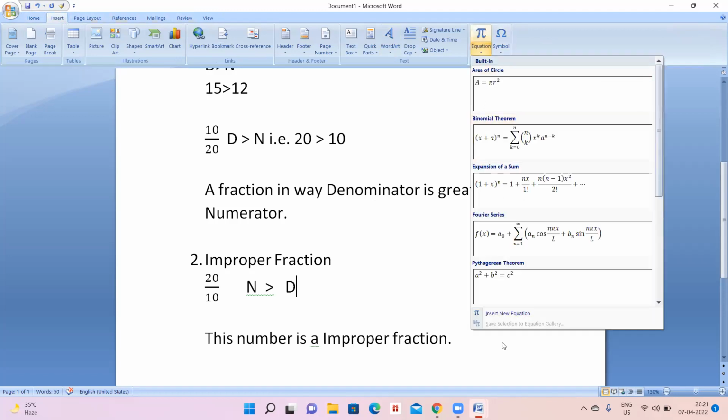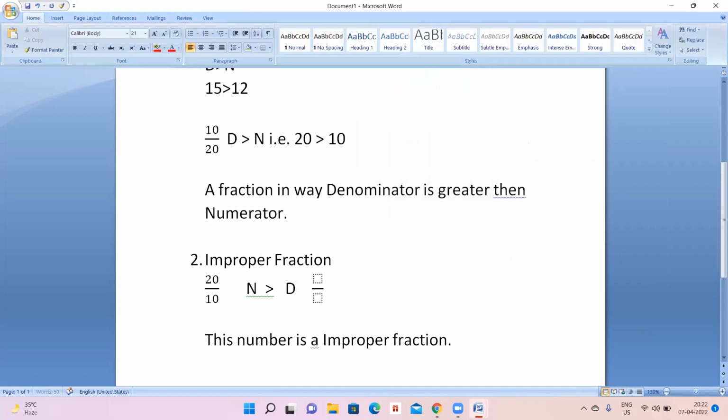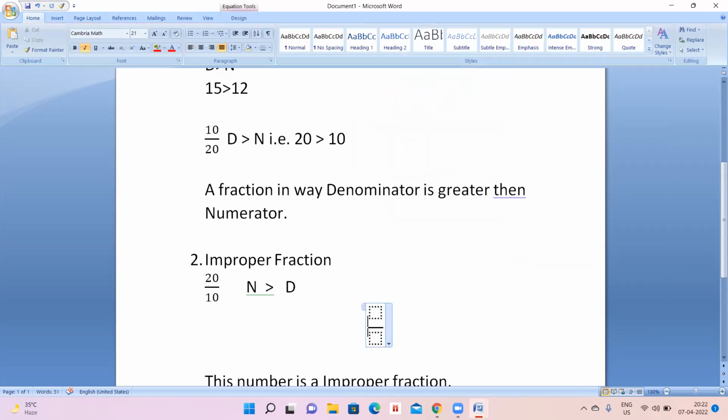Suppose I take one more example, the number 50 upon 25.